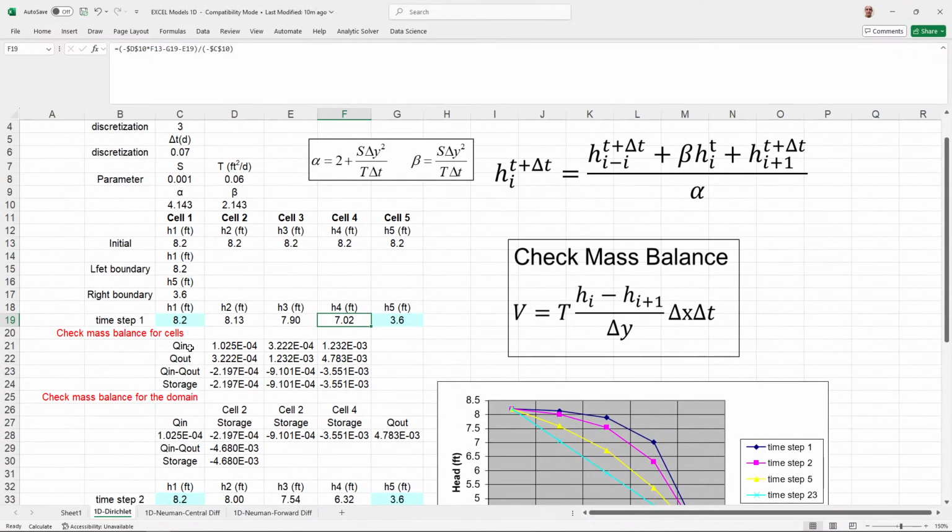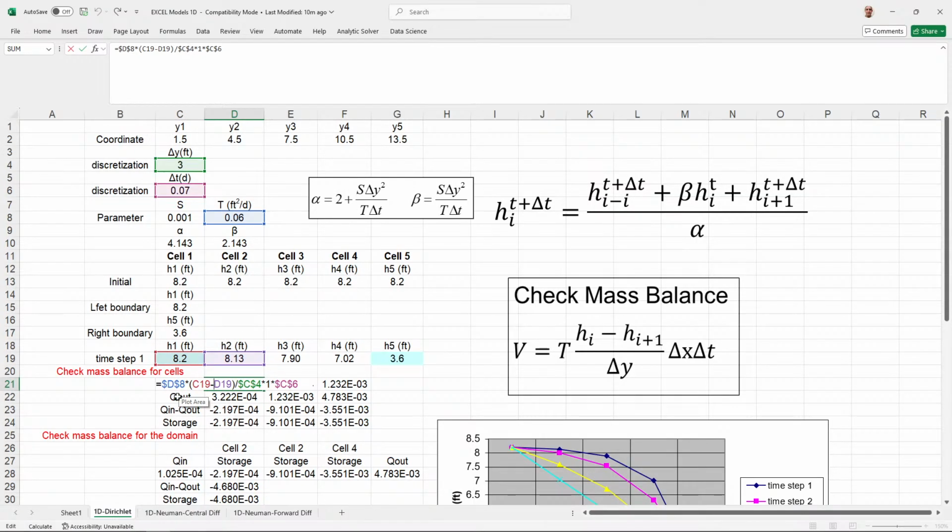For the Q in, the volume in over my delta t, you basically use this equation. That would be your transmissivity.